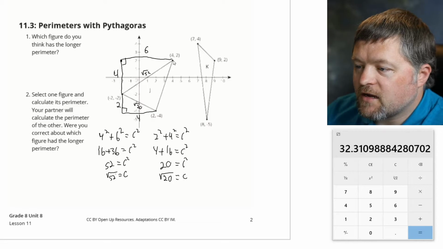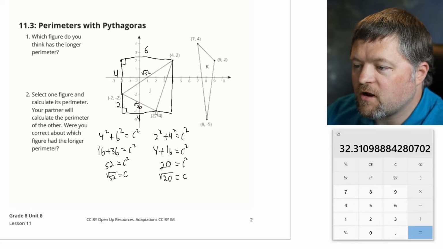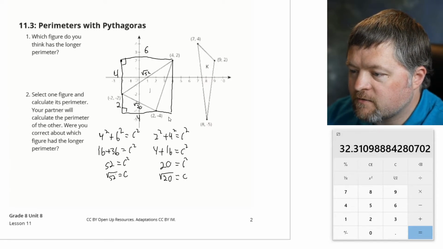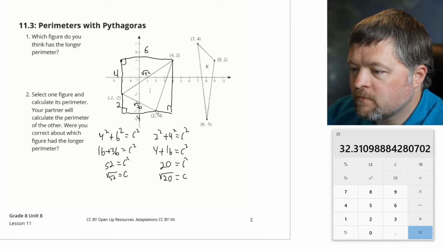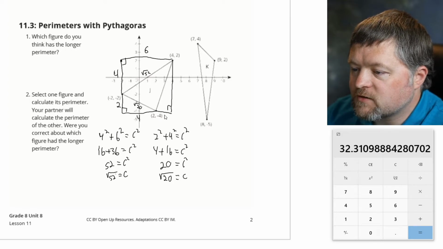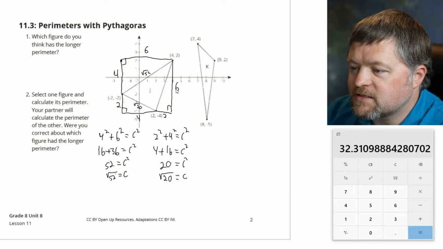One last side over here. We're going to draw another right triangle by extending right from there and down from there. This goes from an x value of 2 to an x value of 4. That's 2 units. We go from a y value of -4 to a y value of +2. That is 6 units.